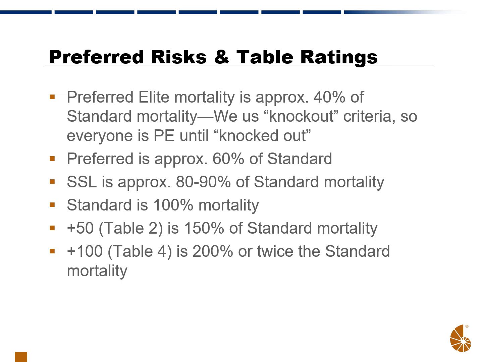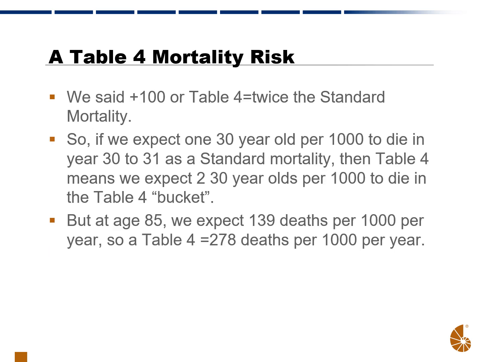Table ratings would add debits, so plus 50 is 150% of standard mortality, or plus 100 is 200%, or twice standard mortality risk. So now you get an idea, these are just approximate, depending on the company, of what the risk is for these terms that are used.